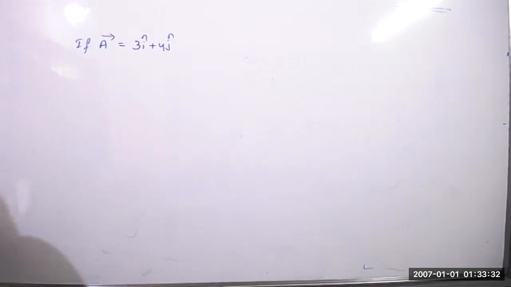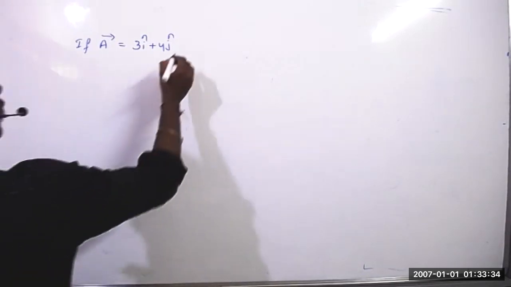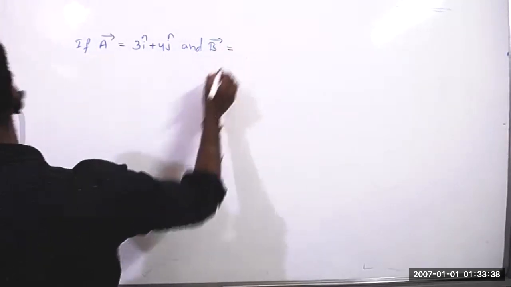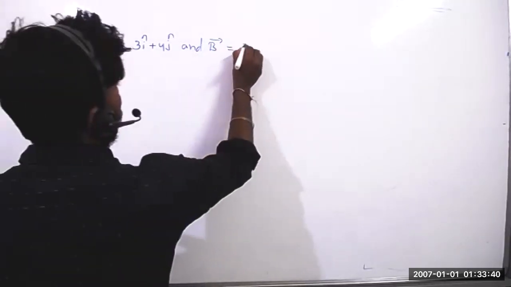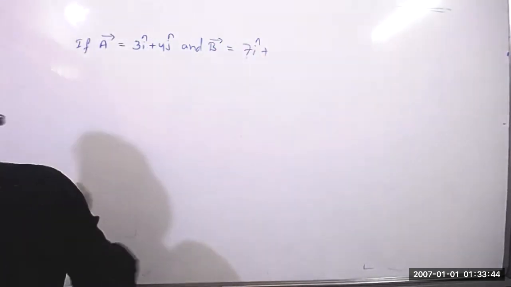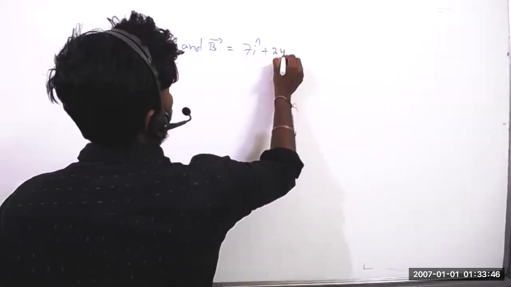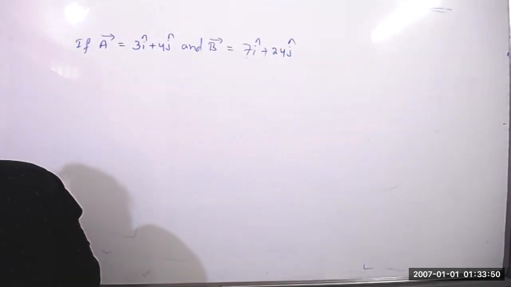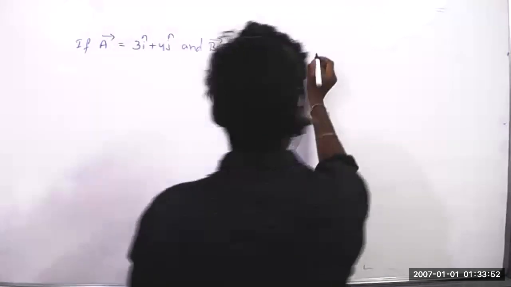Let's see. A bar equal to 3i cap plus 4j cap, and B bar equal to 7i cap plus 24j cap. Find a vector having the same magnitude as B bar and parallel to A bar.